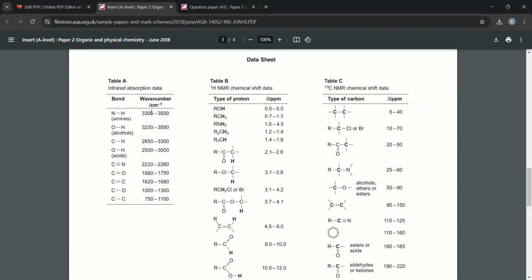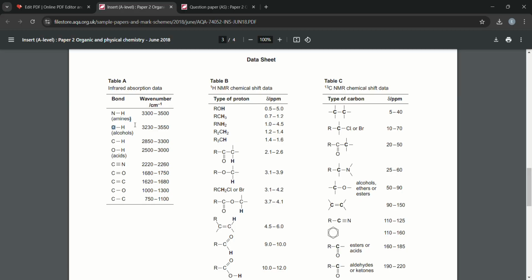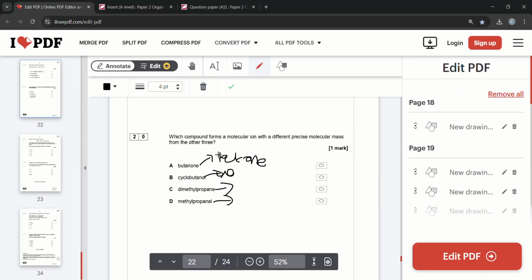Now if we look here, OH group for alcohols, the C double bond O, both the aldehyde and the ketone have.